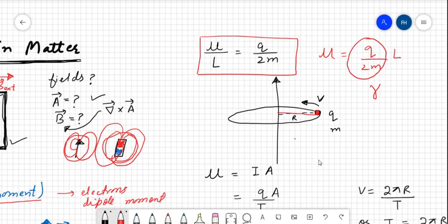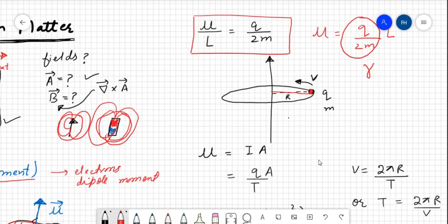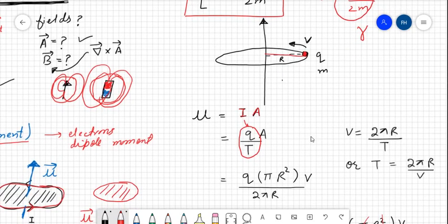So first of all I'm taking this simplified system. For this system, the magnetic dipole moment is simply current times the area of this loop, I times A. I can write I as charge times the frequency, and frequency here is 1 by T, and we know the area is simply pi r square.